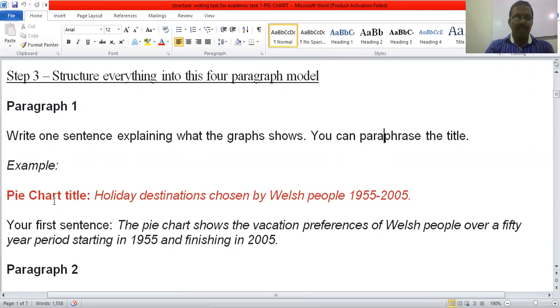Okay, pie chart title: holiday destinations chosen by Welsh people in 1955-2005. Your first sentence: the pie chart shows the vacation preferences of Welsh people over a 50-year period starting in 1955 and finishing in 2005. So this is the title in the question, and we have written this paraphrased statement.